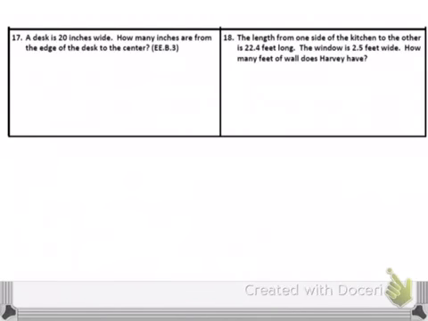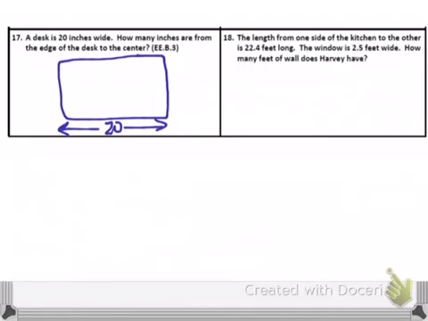On number 17, we are starting to move into those wonderful centering questions, dealing with some measurements. So let's pretend that this is your desk. Please appreciate my artwork. And that desk is going to be 20 inches wide. So it says how many inches are from the edge of the desk to the center.